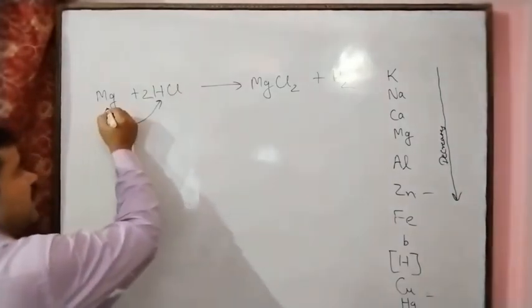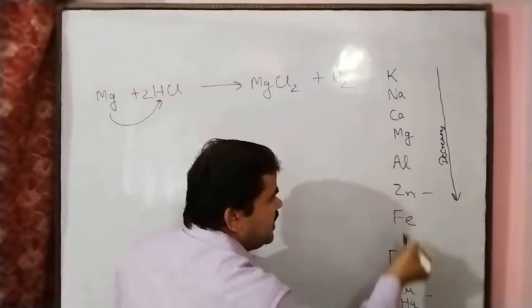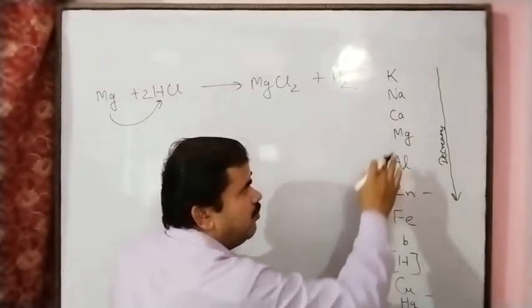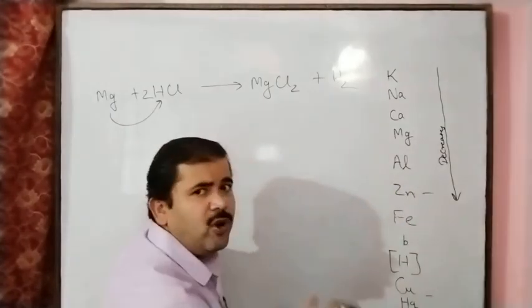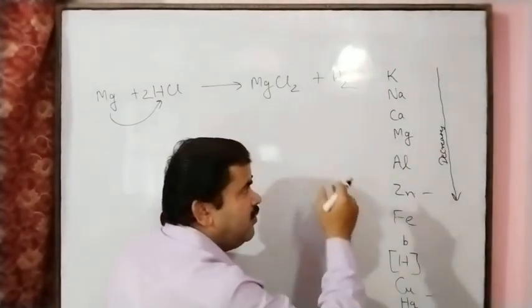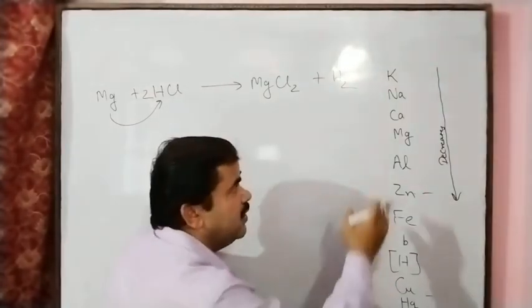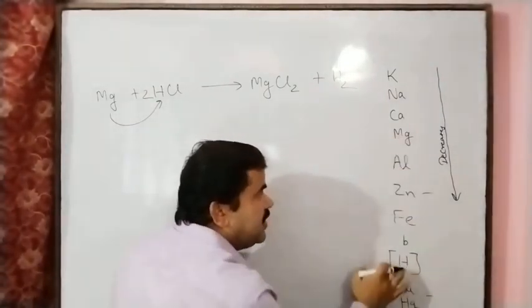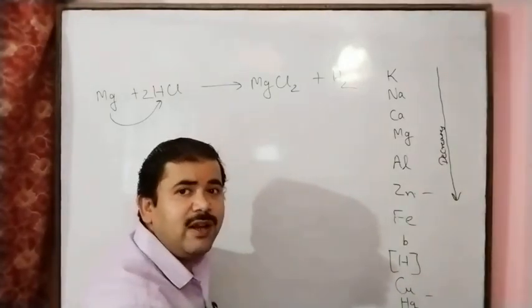Due to the electropositive nature, we can see magnesium is placed above the hydrogen. Magnesium and hydrogen both have the electropositive nature, so we compare them, and since magnesium is placed above hydrogen, magnesium's reactivity is more than hydrogen.